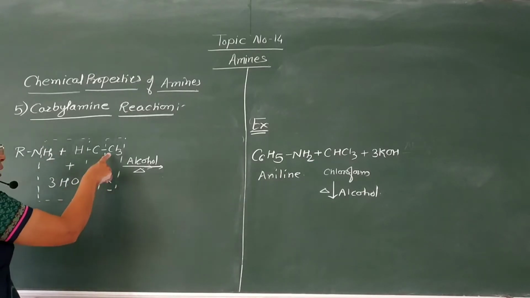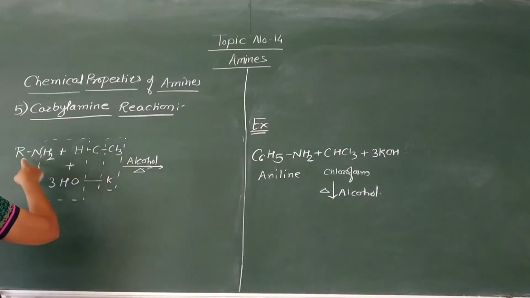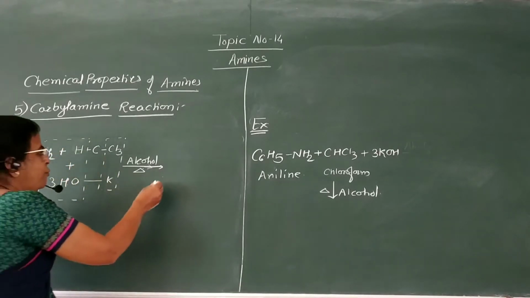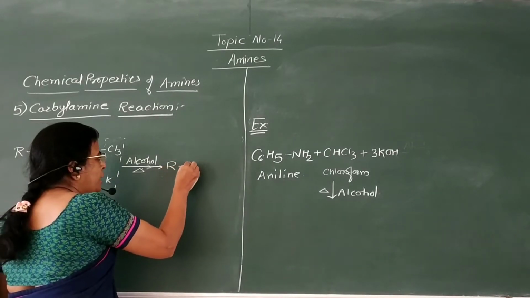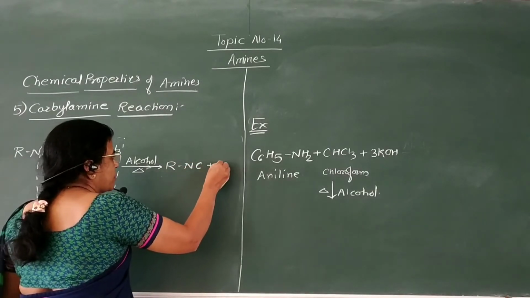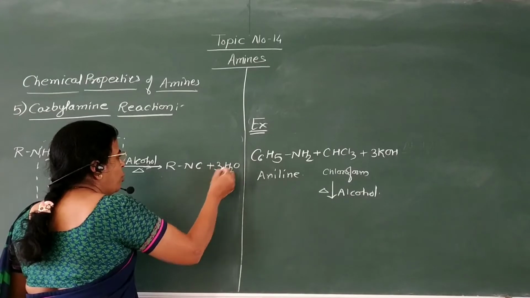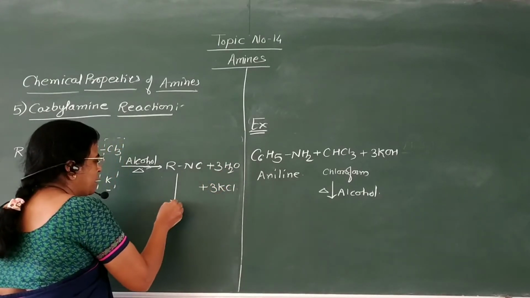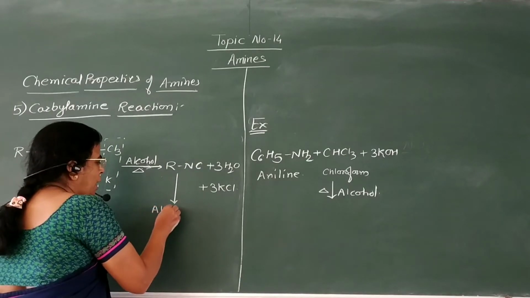This K gets attached to this Cl and this R N gets attached to this carbon atom to form RNC plus 3 molecules of H2O plus 3 molecules of KCl. This is alkyl isocyanide.